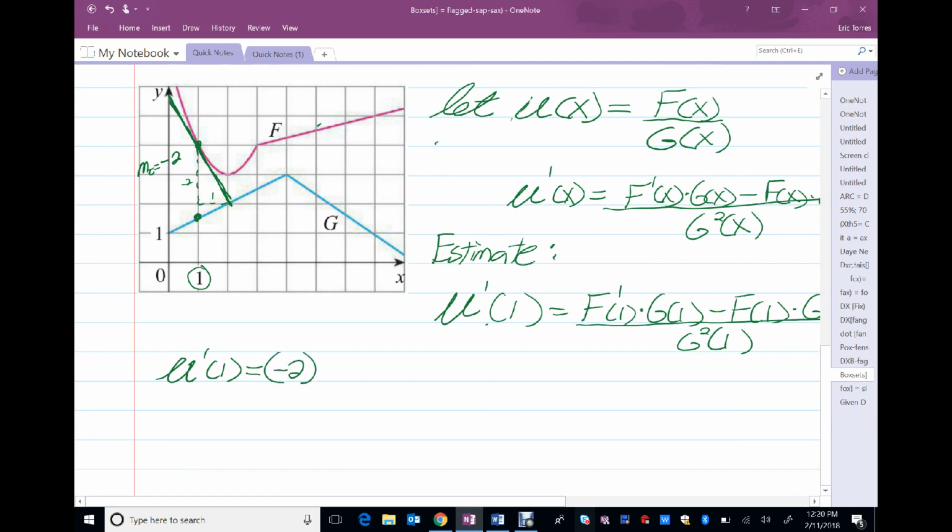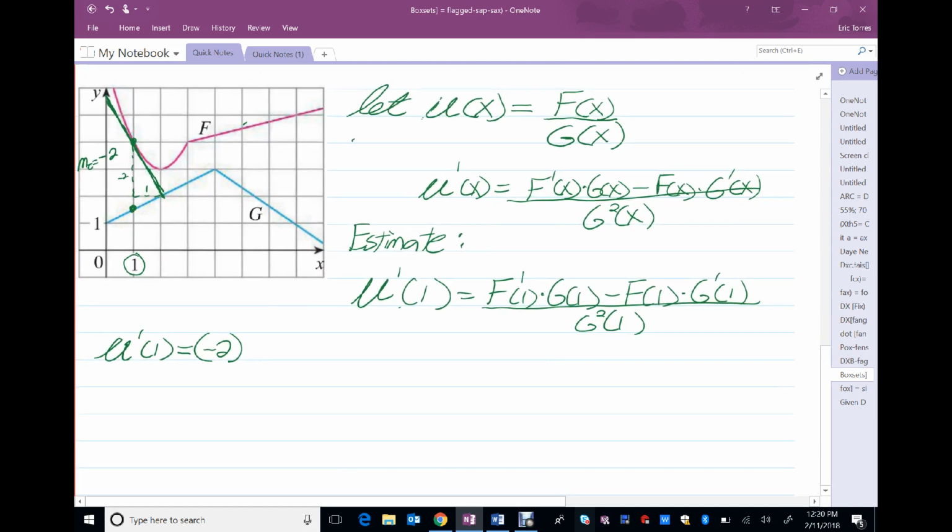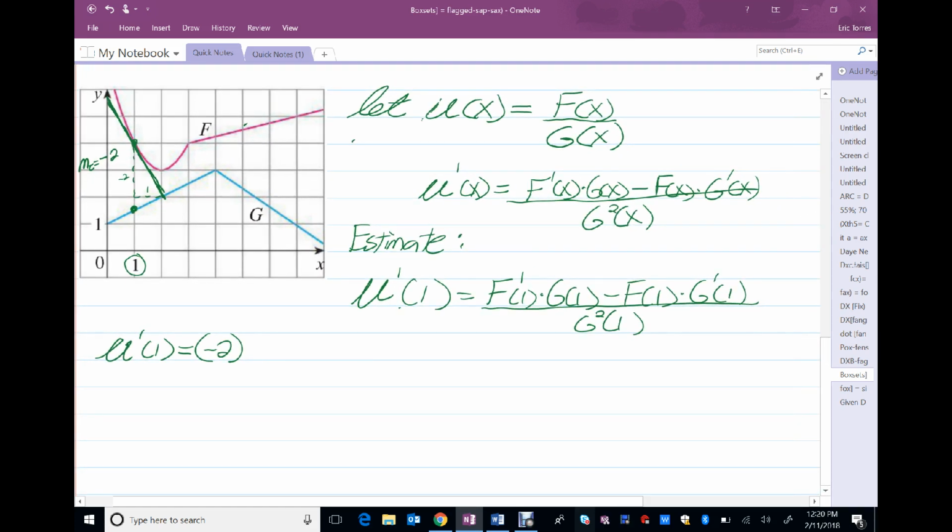Times g of 1, and g of 1 appears to be 1.5 or 3/2. And I should probably put here an estimate symbol just to be accurate, because we're not finding the exact value, we're estimating its value.